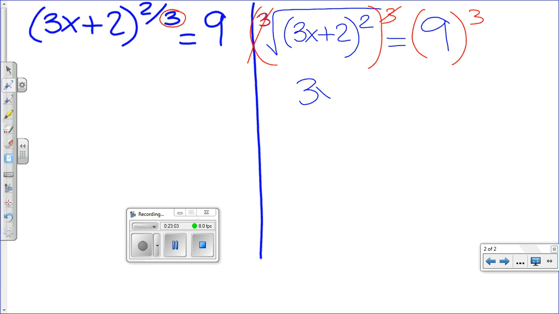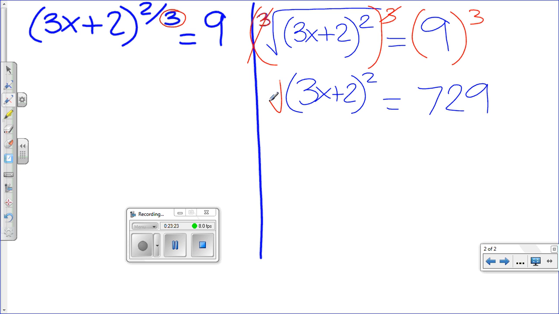So we end up with 3x plus 2 squared, and 9 to the third power is equal to 729. Now, how do you undo a square? And the answer is you take the square root. So that will take care of that.